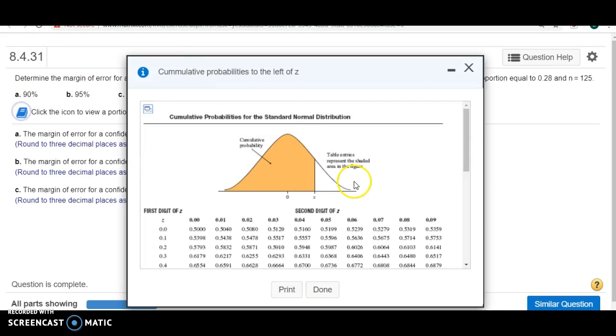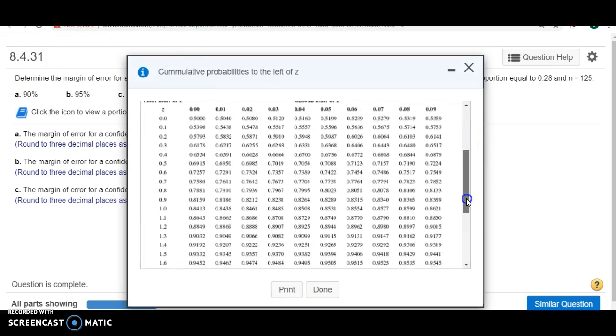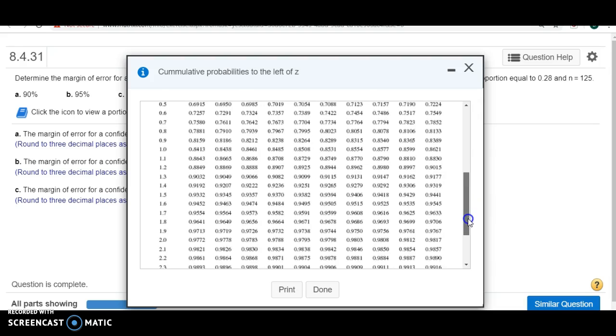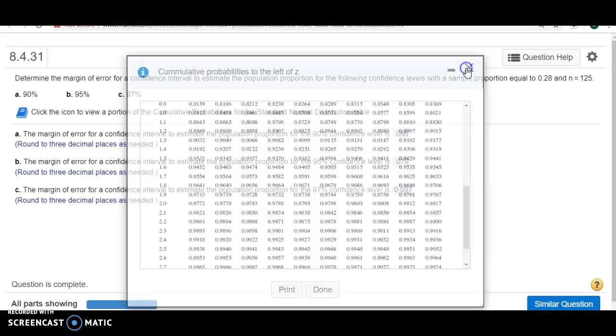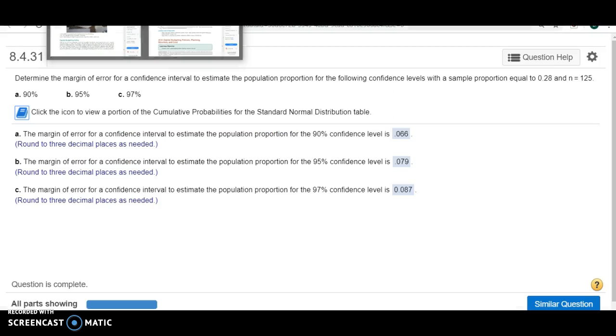So if we look up 0.985 in our table, 0.985 is right here. So that's 2.17. 2.17 is our probability to the left of z.